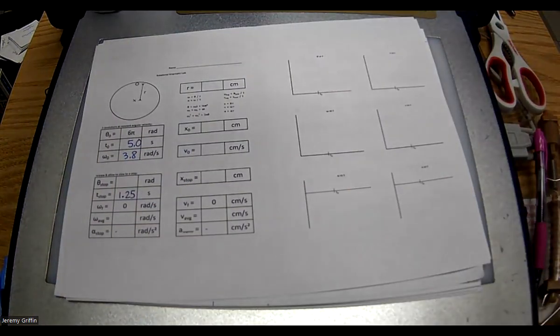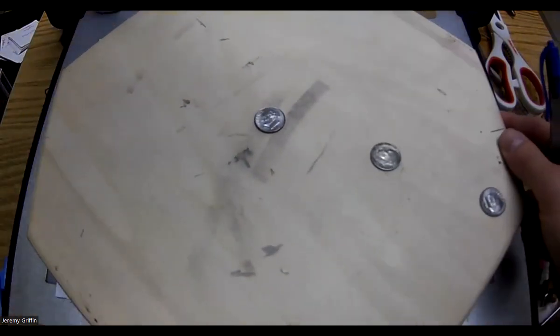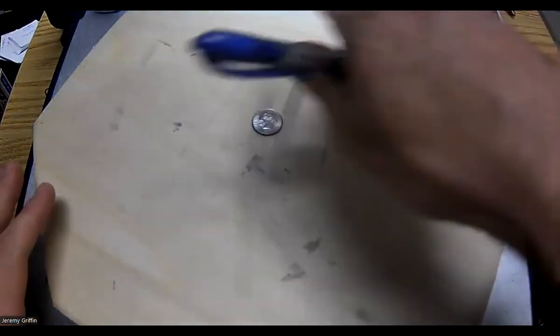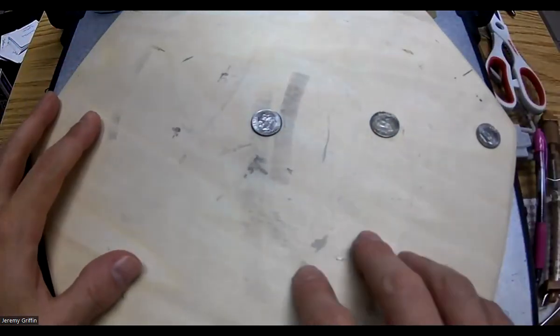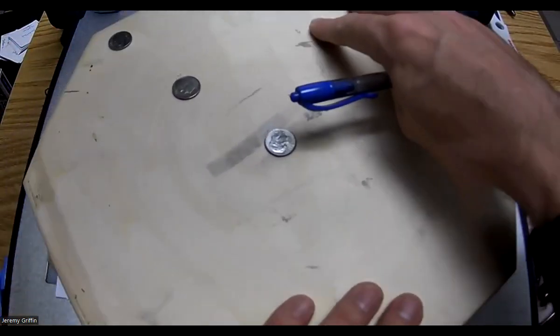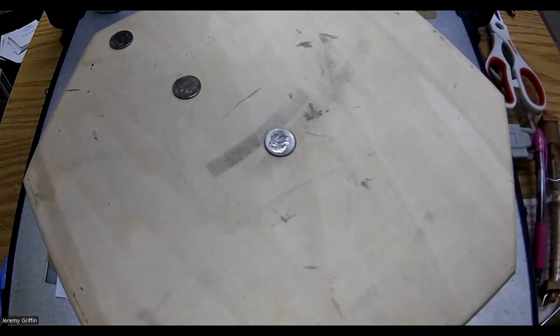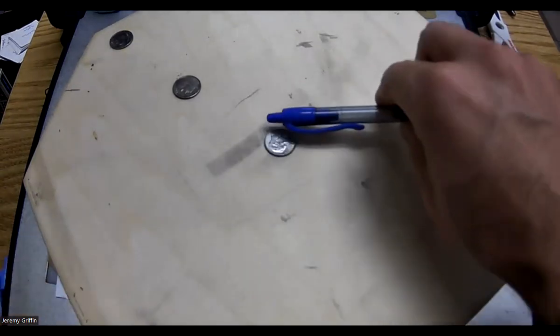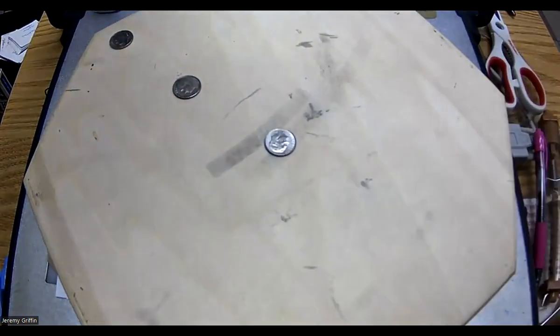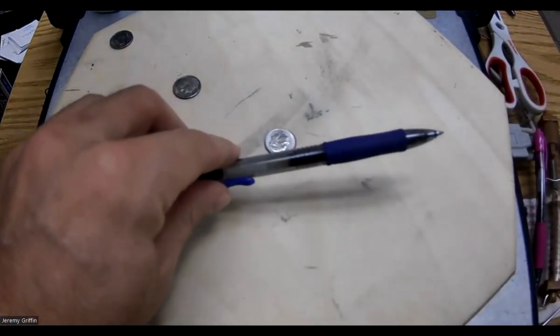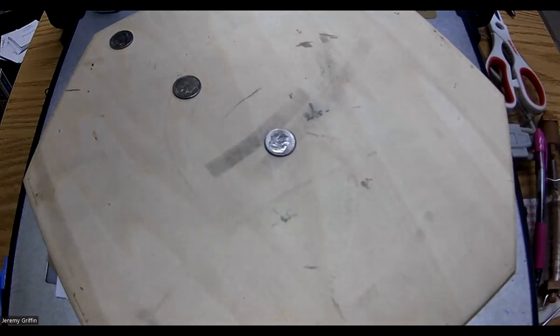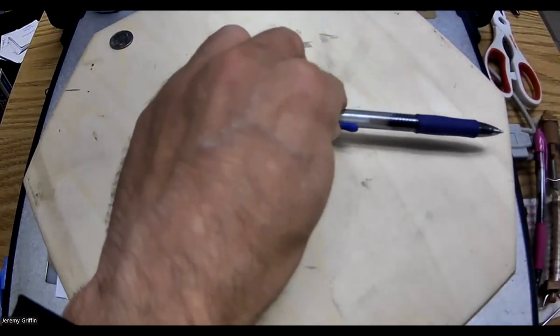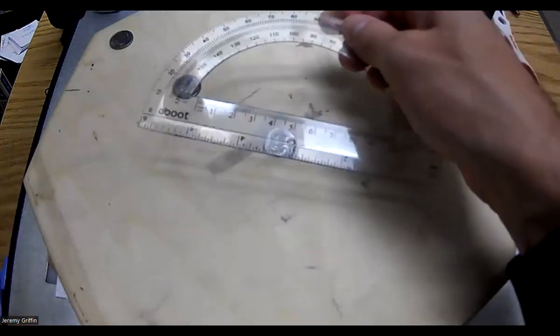Something else I noticed is that, here, I'll show you guys what I did. I went around 3 times, 1, 2, 3, and I took my hand off and it went from here to right there and slowed to a stop right there. That's exactly what it did. Now we can measure that angular displacement. How far is that?